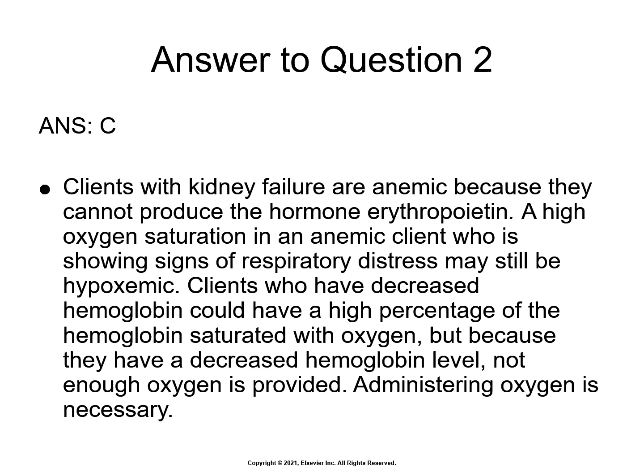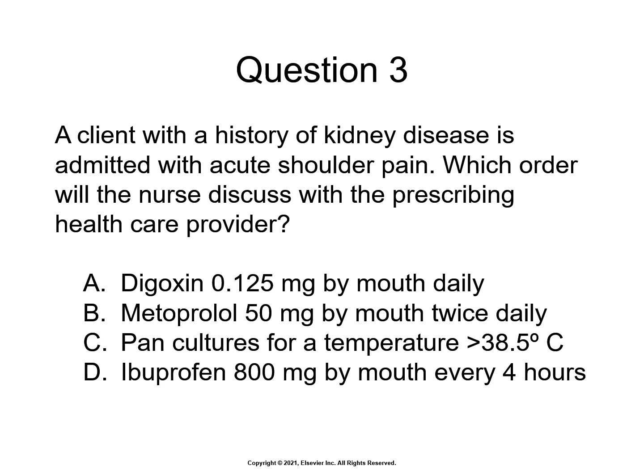Clients who have a decreased hemoglobin, again, watch your labs, could have a high percentage of hemoglobin saturated with oxygen, but because they have a decreased hemoglobin level, not enough oxygen is provided. Administering oxygen is necessary. How about that? That makes you think, and that is called critical thinking. That is called clinical judgment, and that is what you must provide.